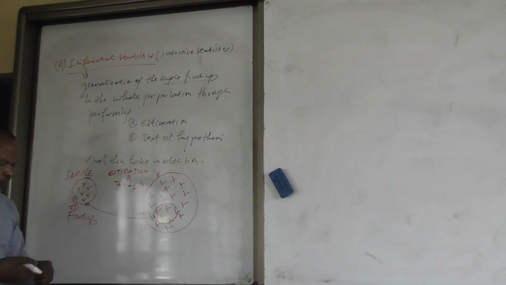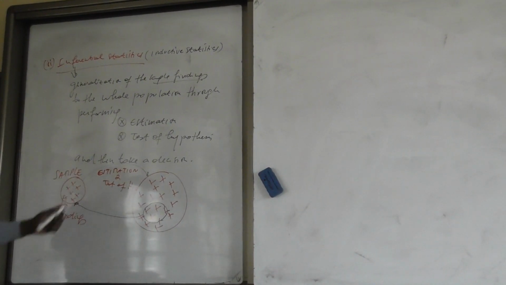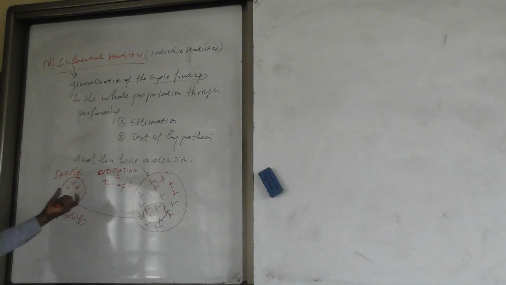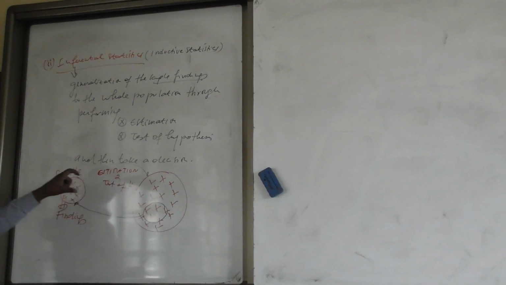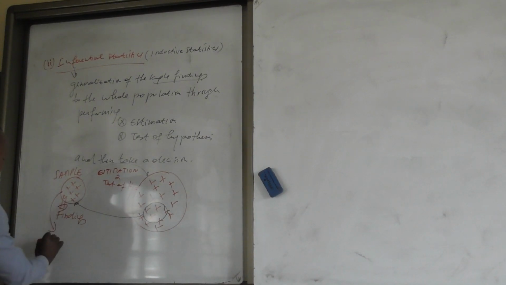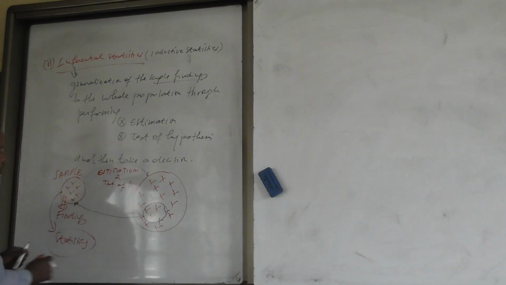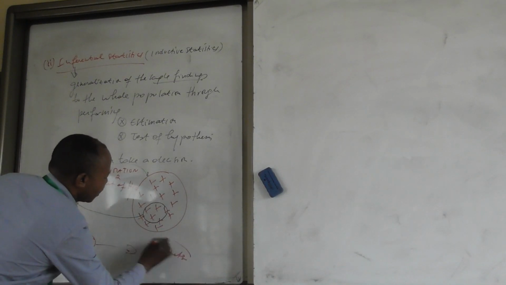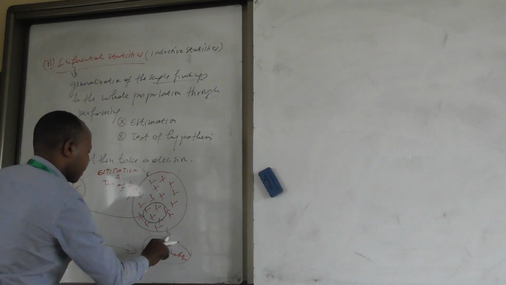This is another chapter we will have to cover, but you need to have a sample, and a sample must be drawn from the population, and having the data from the sample, you do analysis as usual, and then you generalize these sample findings to the whole population. In fact, here you get some statistics, and also you need to get parameters.